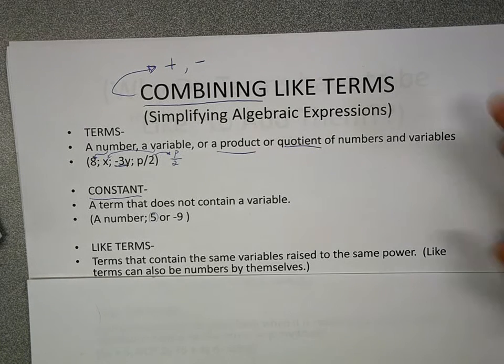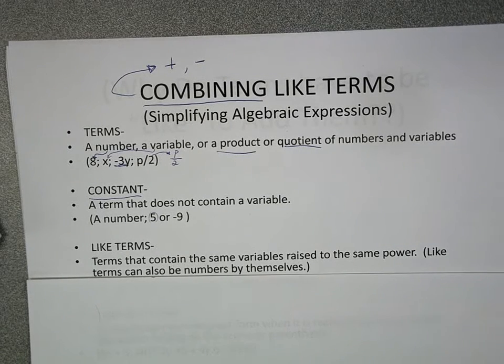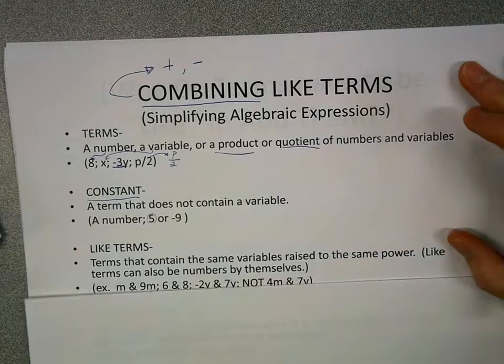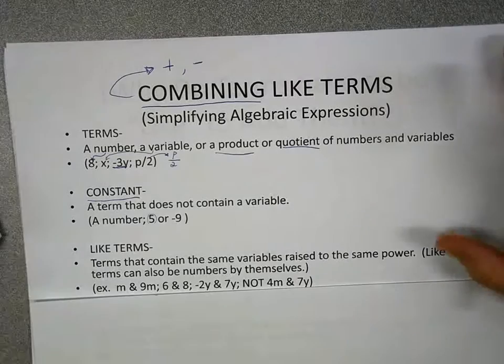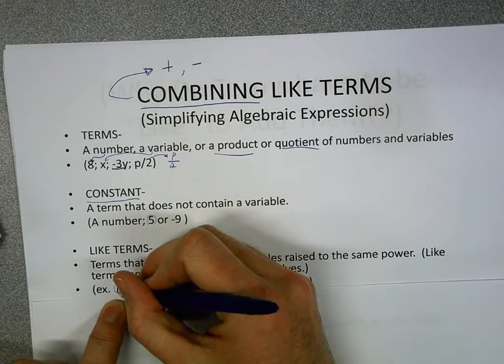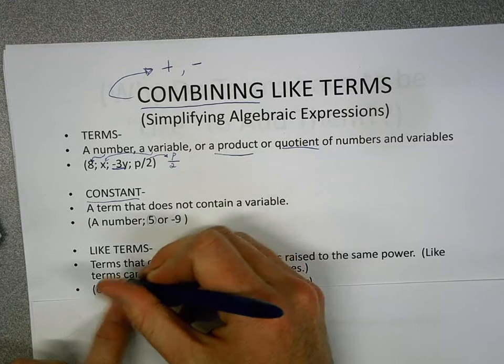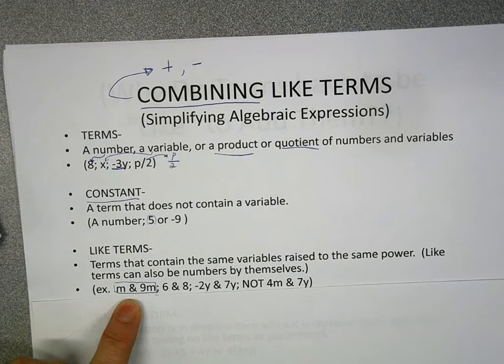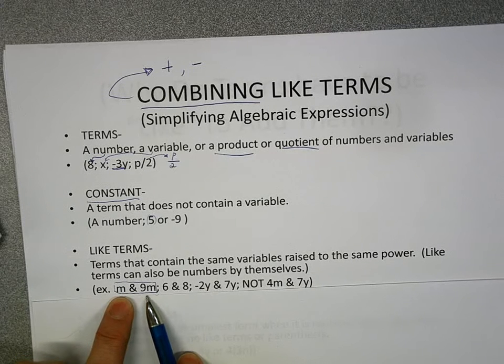So here's, for example, a long list of like terms, and I want you to write them all in the little box. Okay, here we go. So the terms m and 9m. Those are like terms because they have the same variables.